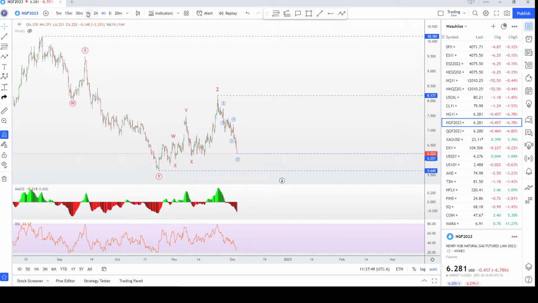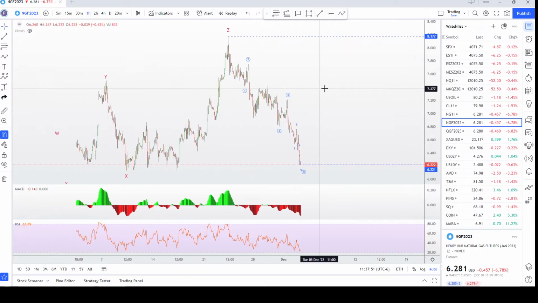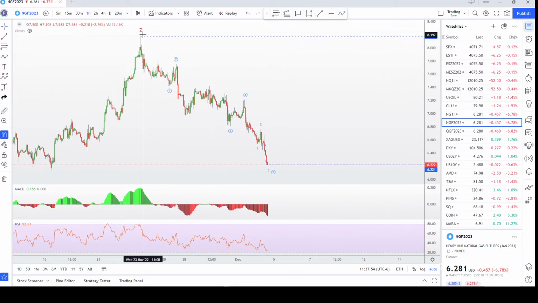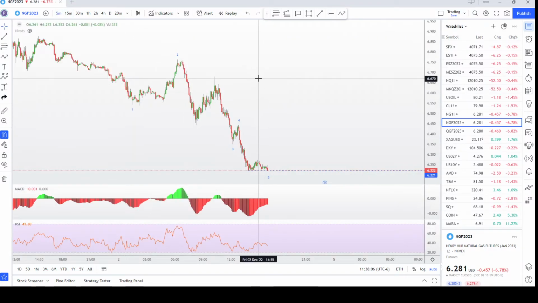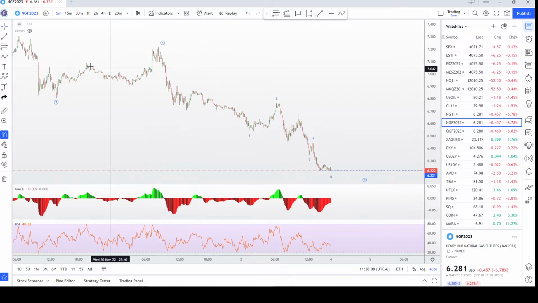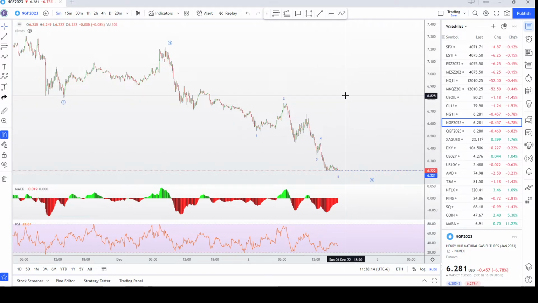So if I zoom in way in here, I got all of this as creating a leading diagonal. So 1, 2, 3, 4, and I don't believe that the 5th wave down is finished quite yet. So if I zoom way in here, so I got here's 3, 4, and now it's coming down, and this is creating an ending diagonal for this fifth wave.